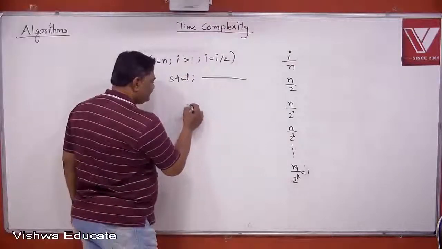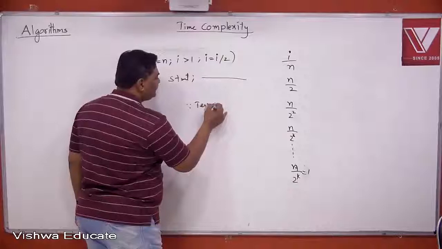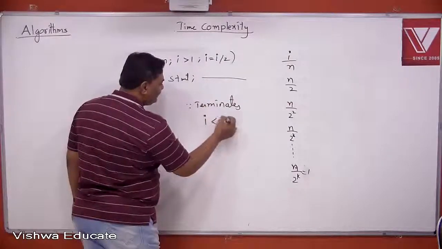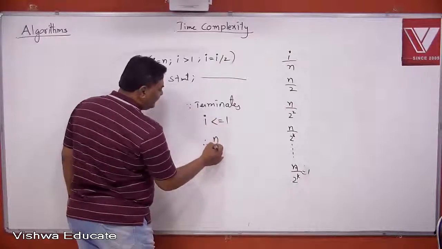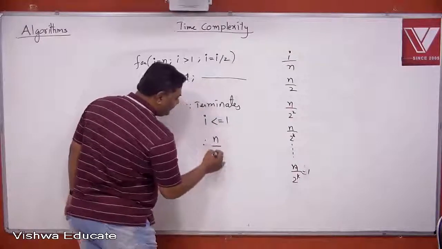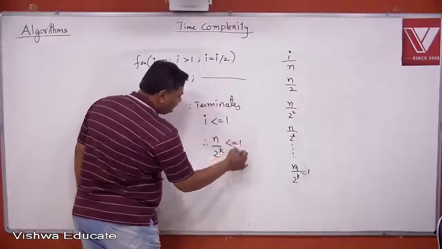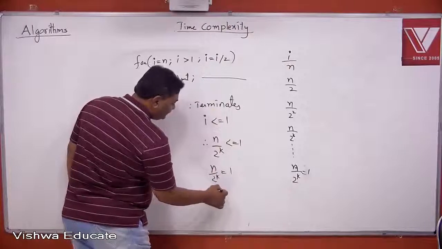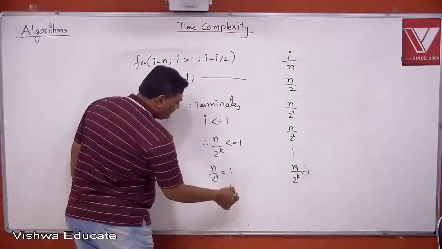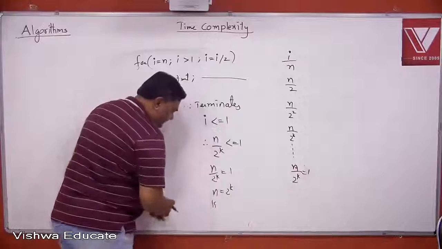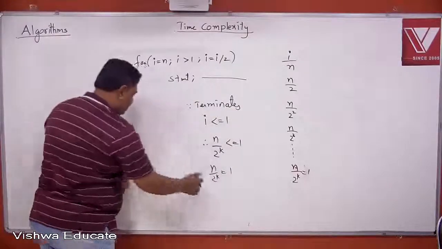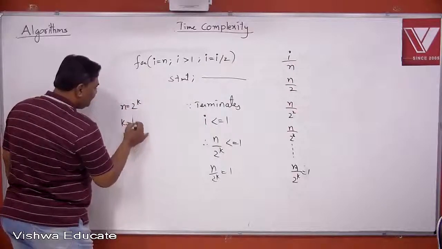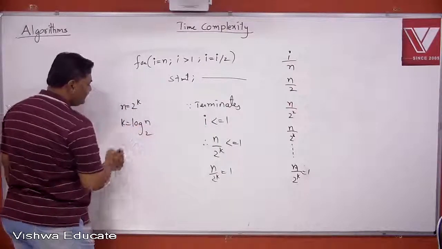Since it terminates when I becomes less than or equal to 1, we assume I has become n by 2 power k, which is less than or equal to 1. So n by 2 power k equals 1, so n equals 2 power k. So k is log n base 2.